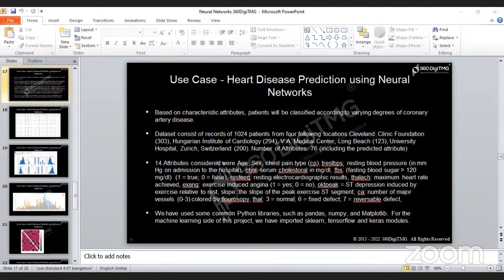So I am using Google Colab to access my file. I am uploading my file.